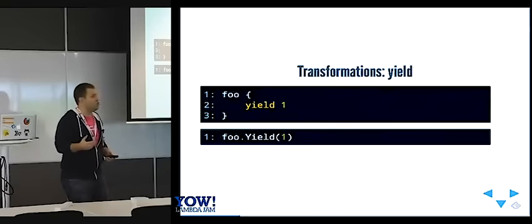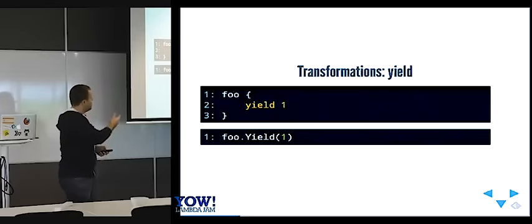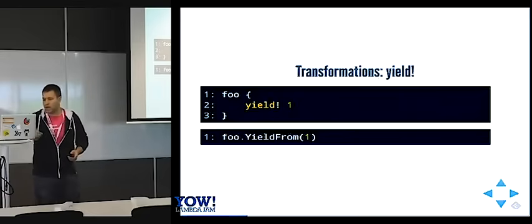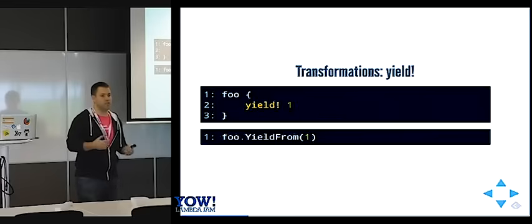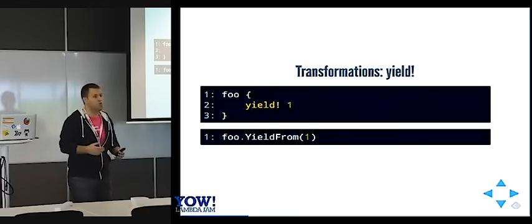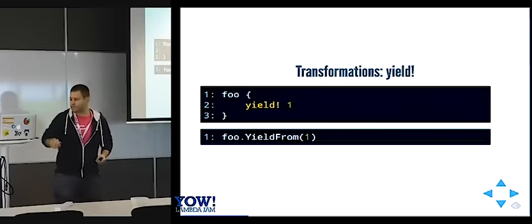So you saw back for the sequence expressions, it supports the yield keyword. That simply gets transformed into a call to yield. Yield exclamation mark, which was used in the sequence example to return sub-expressions, works in exactly the same way. So what you do with those differences in syntax is up to you as the person building the builder for the computation expression.